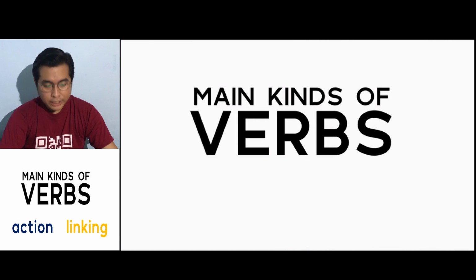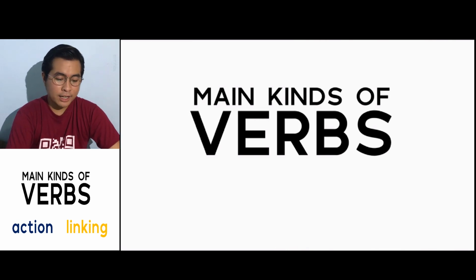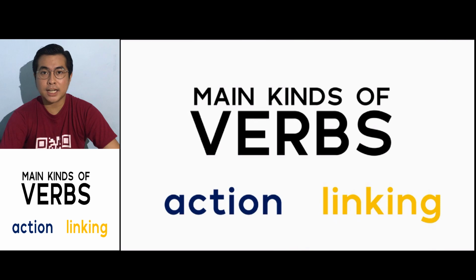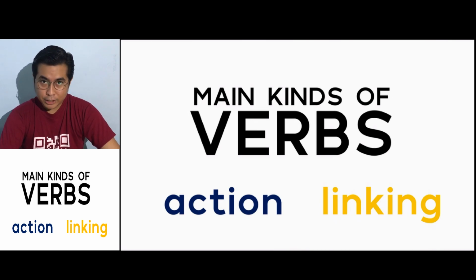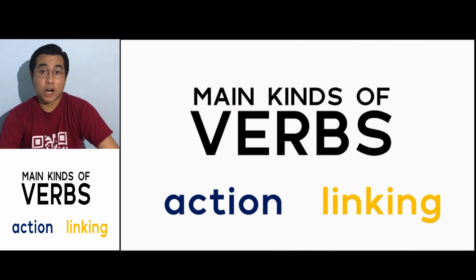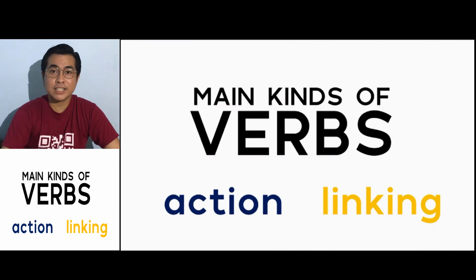In this case, we will use the main kinds, which are action and linking verbs, because they are the foundation kinds of verbs. They are the foundation because they talk about the definition of what verbs are. It could be actions, it could be condition, or existence.